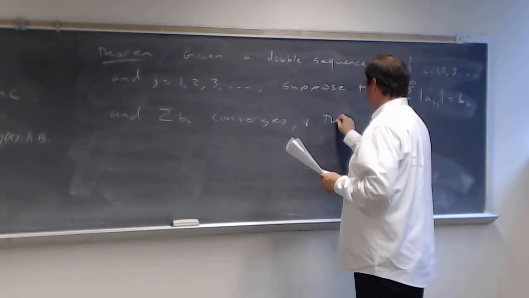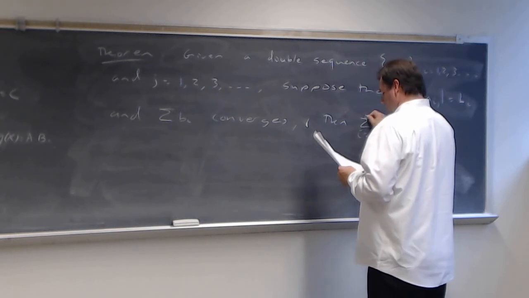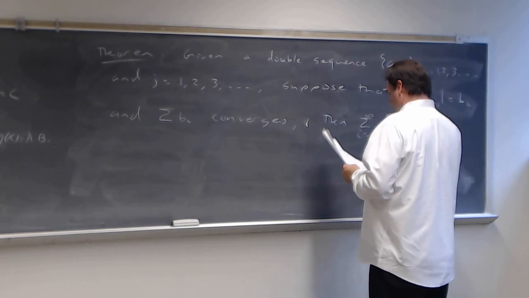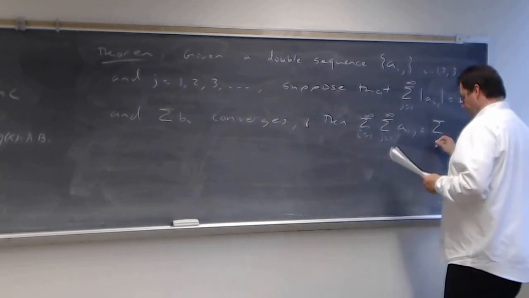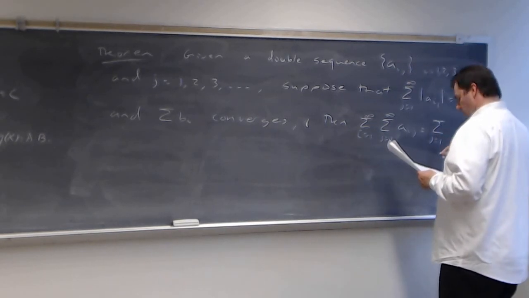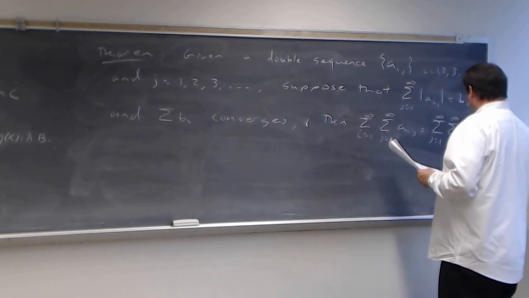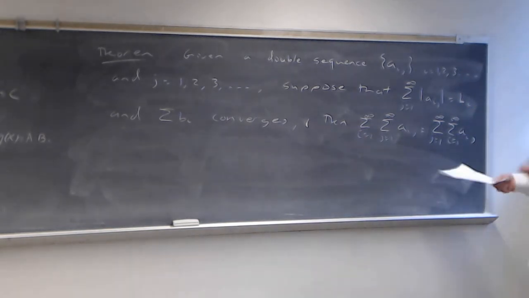Then the sum as i runs from 1 to infinity, the sum as j runs from 1 to infinity of a sub ij will be equal to the sum as j runs from 1 to infinity, the sum as i runs from 1 to infinity of a sub ij. That's the theorem, and we pretty much used that in the previous work, that corollary.